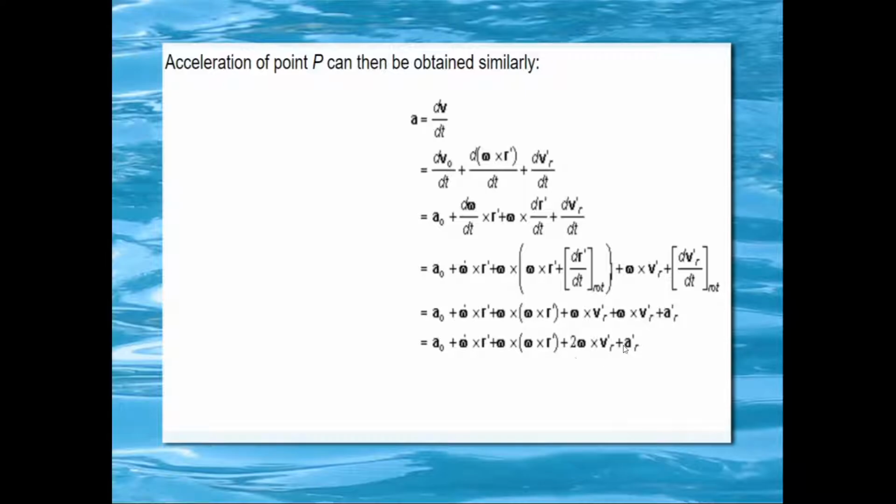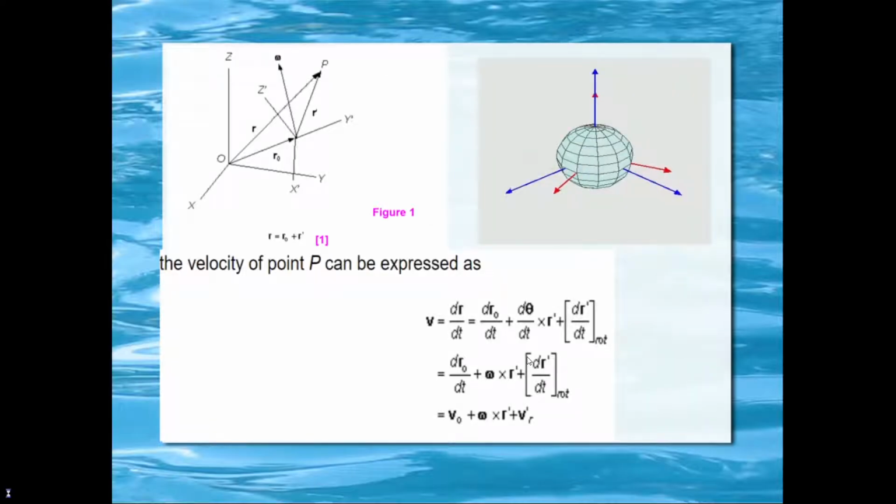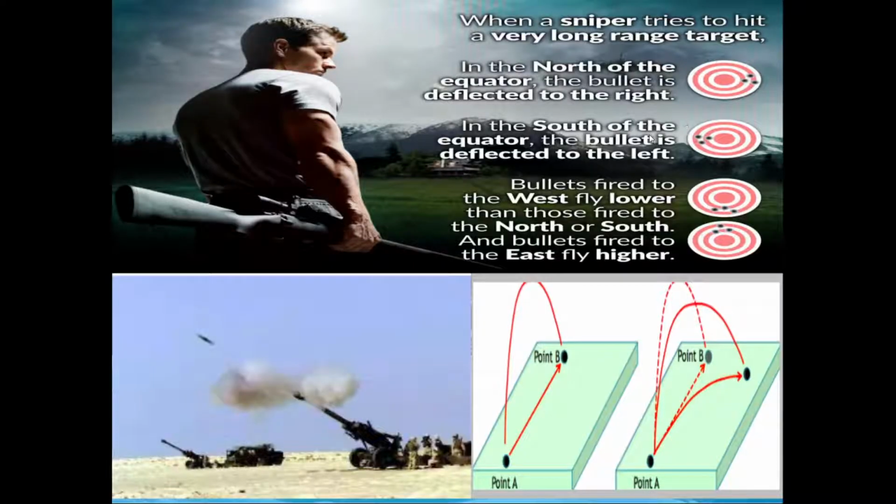And due to this only, the Coriolis effect comes into the picture, and this is the culprit, the reason why there is a shift.